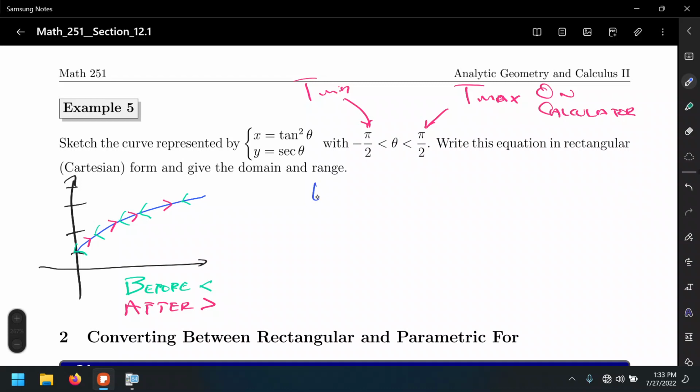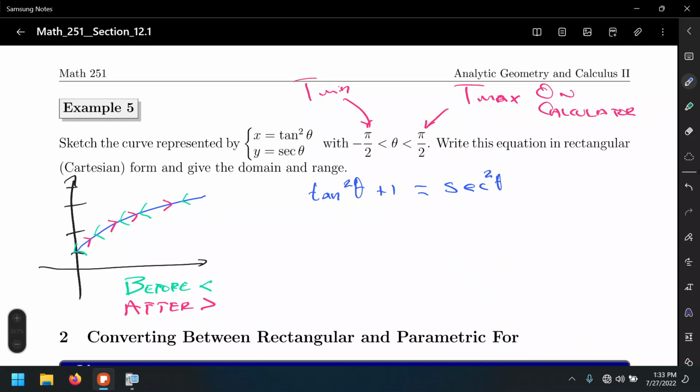Let me give you a hint. Tangent squared theta plus 1 equals secant squared, all right?